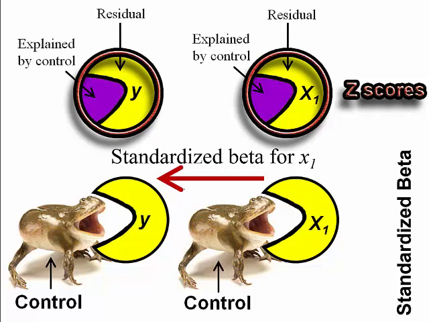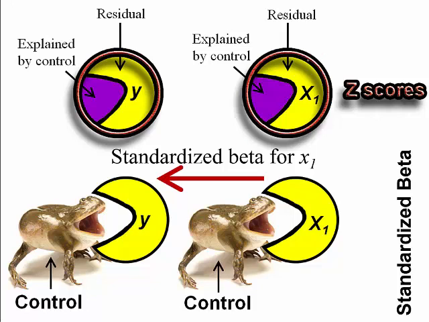And here's the original picture. And note that I've put this red ring around my x1 variable and my y variable on the left. And I put the term z-scores over here to clarify that is what we're turning into z-scores. The key thing to note when you're doing multiple regression, the standardized beta is what you get if you turn everything to z-scores prior to analysis, before you do anything.